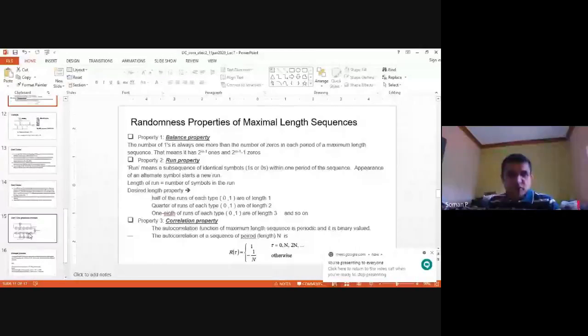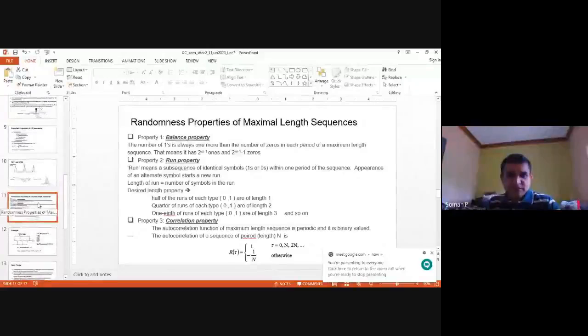Now we will talk about some randomness properties. One is the balance property. In a maximum length sequence, it is a requirement for the spread spectrum that the number of ones and the number of zeros should differ by at most 1, and the number of ones will always be higher than the number of zeros.